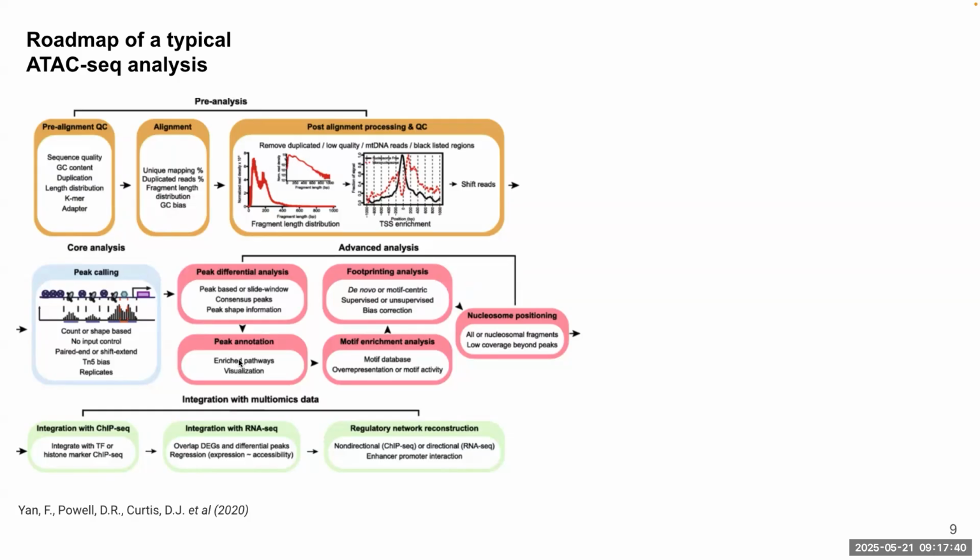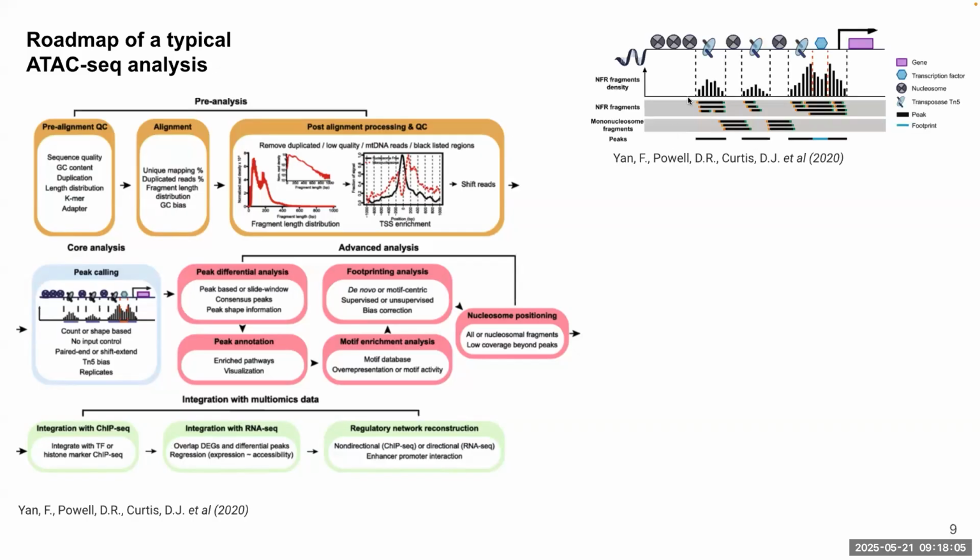I mean, it's like transferring what cell types they are affecting, but you can also perform motif enrichment analysis or footprint analysis related to transcription factors. And well, if you are integrating this with other kinds of assays like ChIP-seq or RNA-seq, you can build regulatory networks.